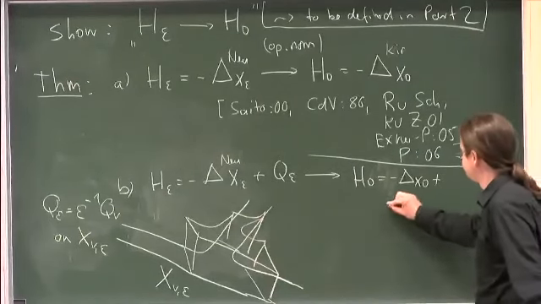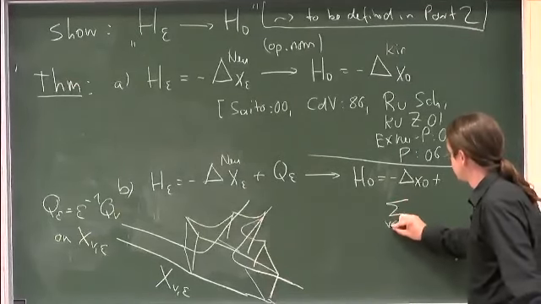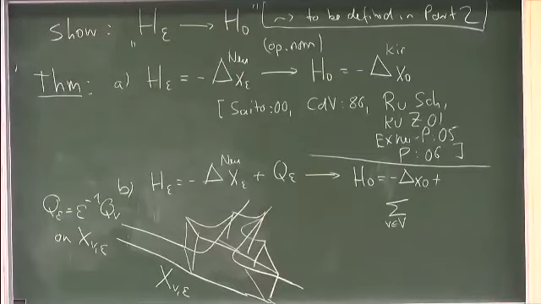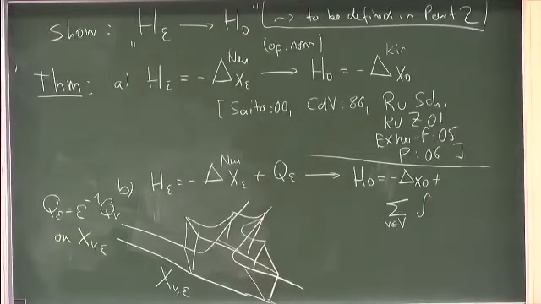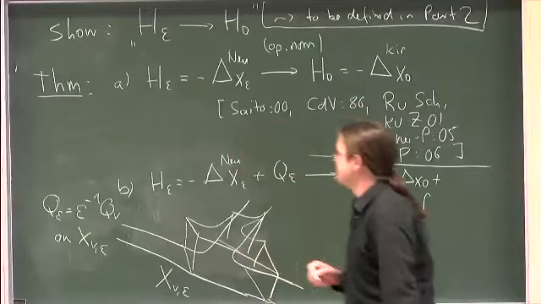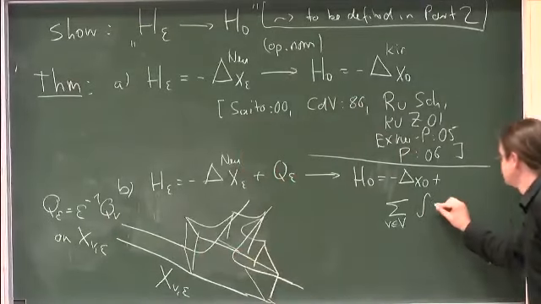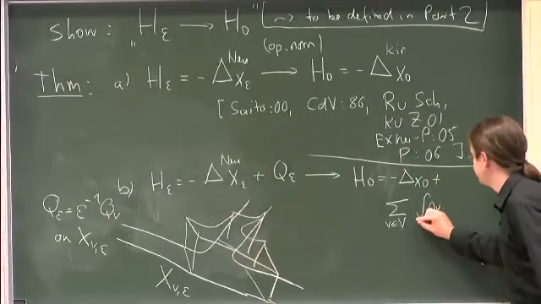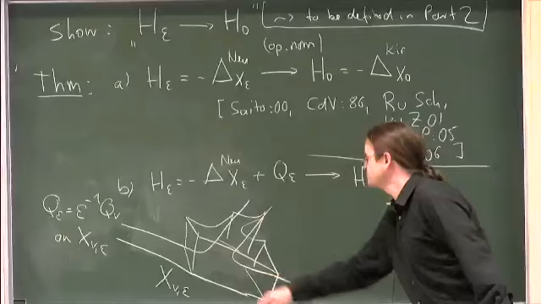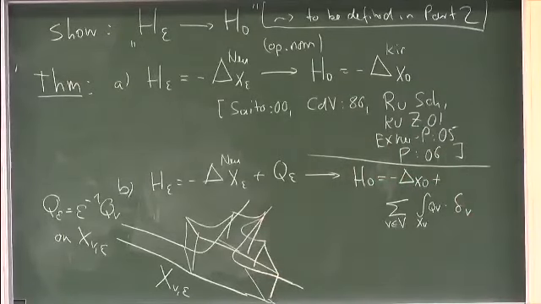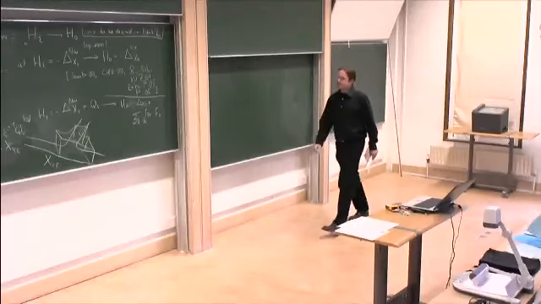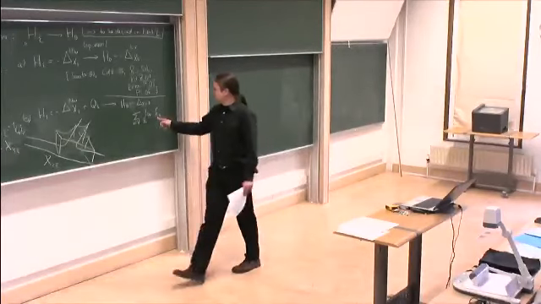You have the sum over the vertices, and the coupling constant of the delta is given by the integral of this unscaled potential at the vertex, Q_V over the unscaled version, times the delta in V. So what does delta in V mean?